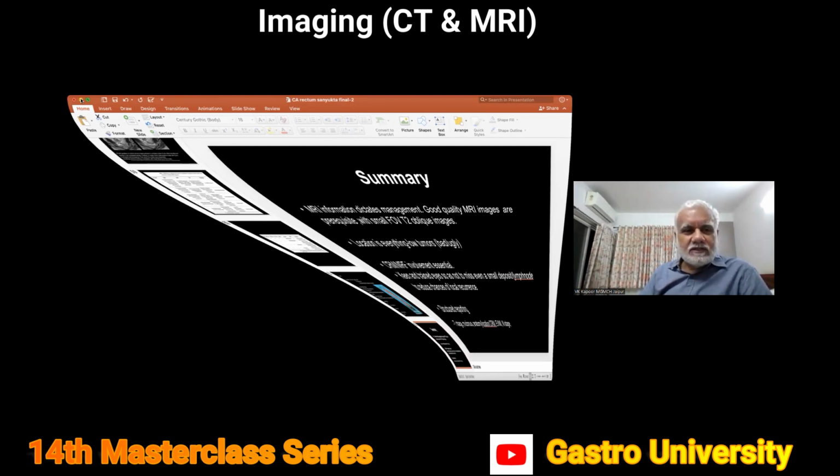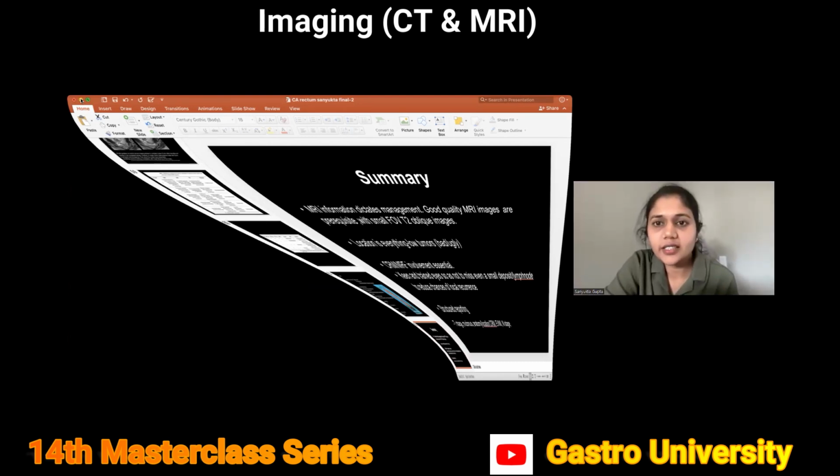So as a radiologist, what is the best imaging which would evaluate the local disease, the liver metastasis, and the chest also? I would suggest CT thorax abdomen pelvis so as not to miss any liver or chest metastasis, and MRI pelvis for the local evaluation of the CA rectum.